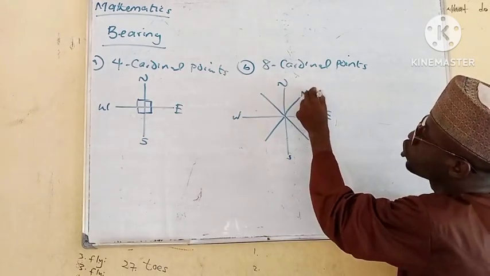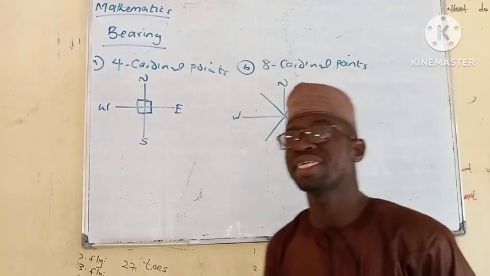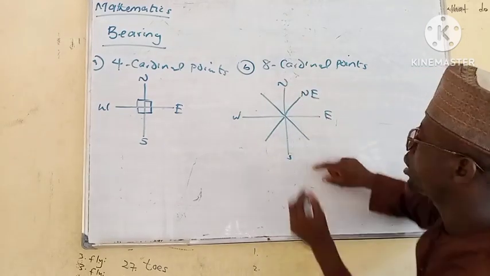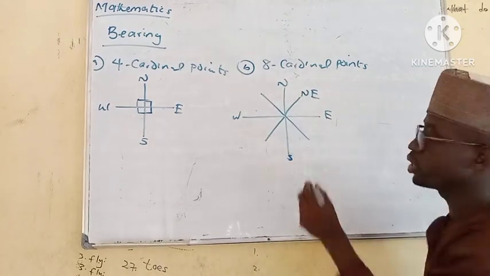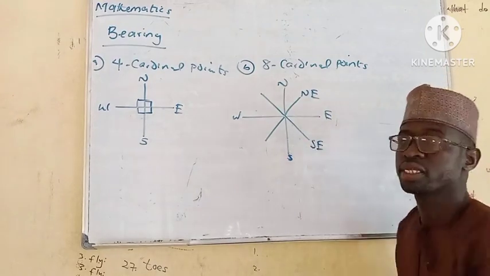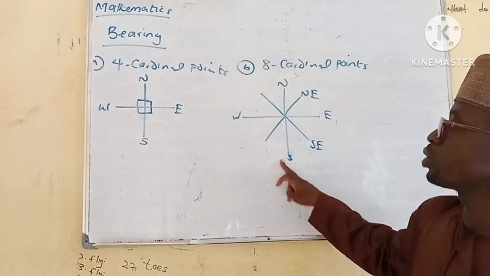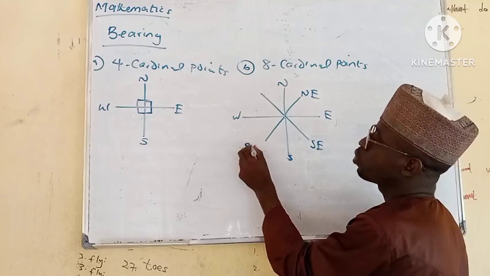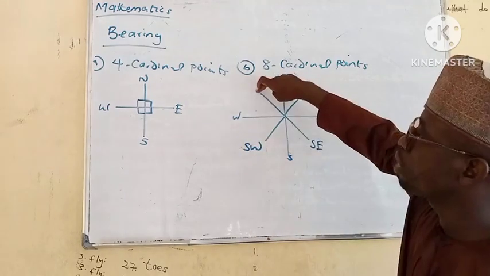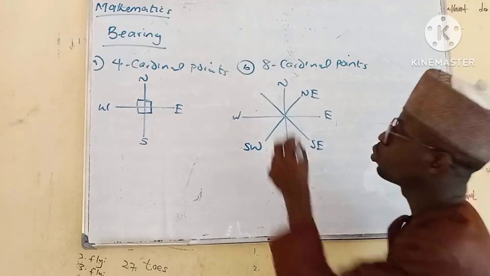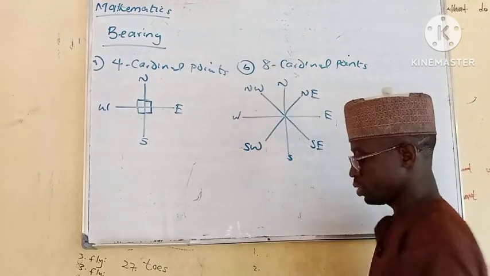So we call it northeast. While this one is in between south and east, so it is southeast. This one is in between south and west, we call it southwest. And this one is in between west and north, or north and west, we call it northwest.